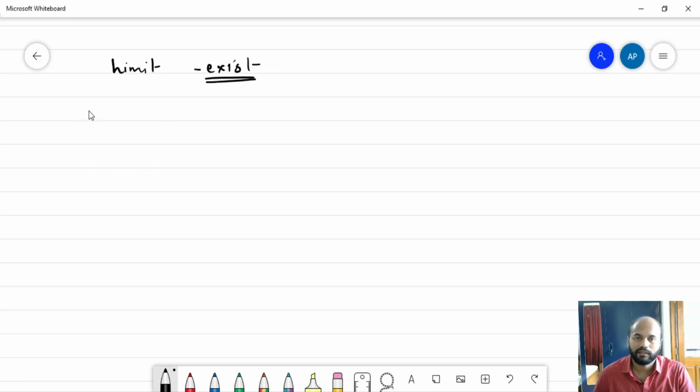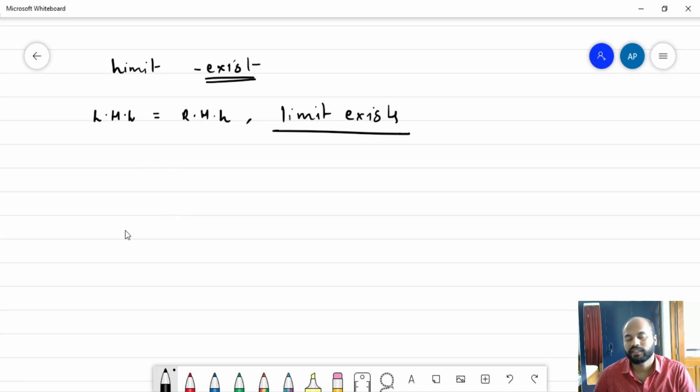The condition is that only when LHL is equal to RHL, we say that the limit exists. This is one important thing that you have to remember. Now let's take an example, and with its help, try to understand how to find the left hand limit, the right hand limit, and check whether the limit exists or not.